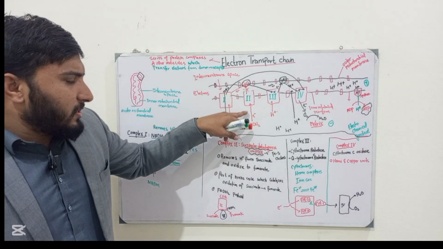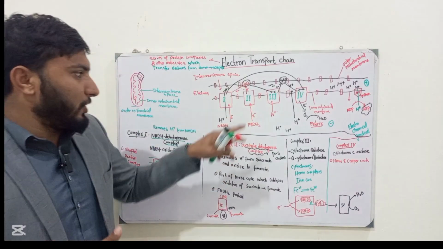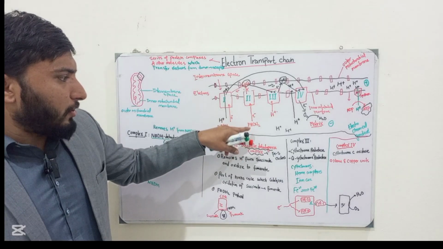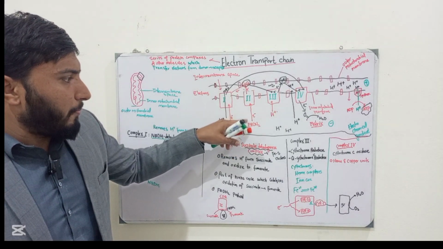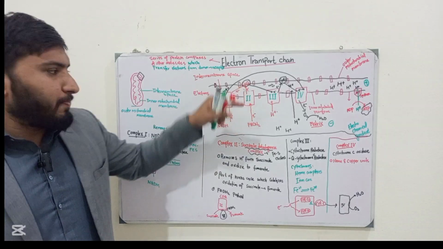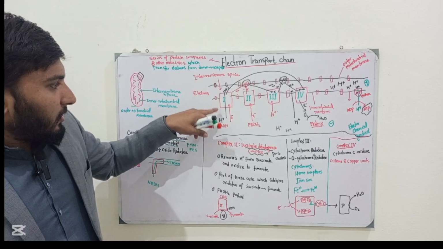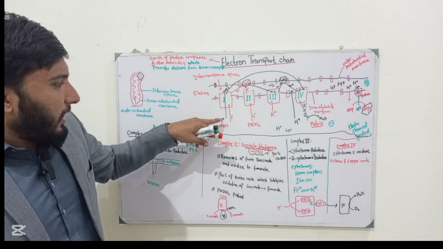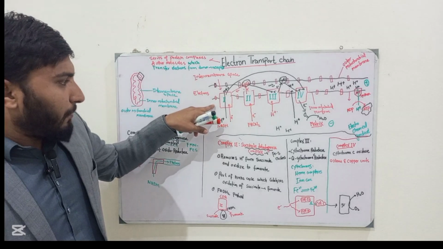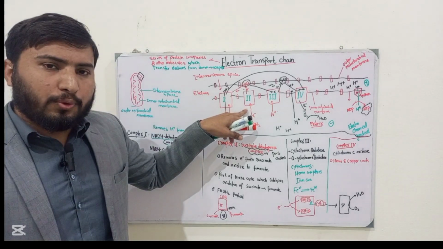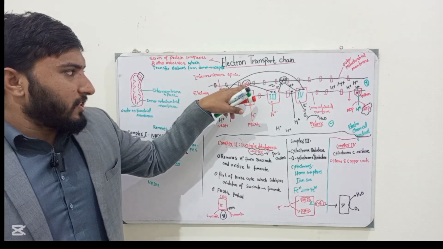It does not overcharge with electrons as there is less energy in FADH2, so it can't pump hydrogen ions from the matrix to the intermembrane space. We see here that NADH pumps hydrogen ions to the intermembrane space. Both complex 1 and complex 2 transfer these electrons to coenzyme Q.